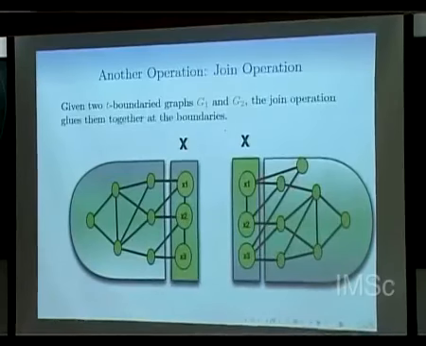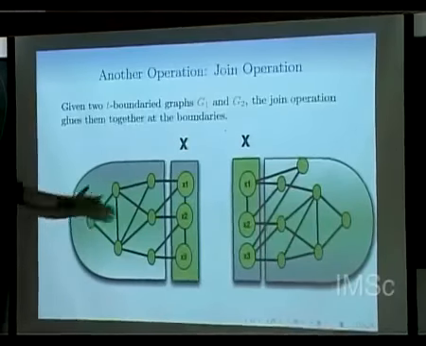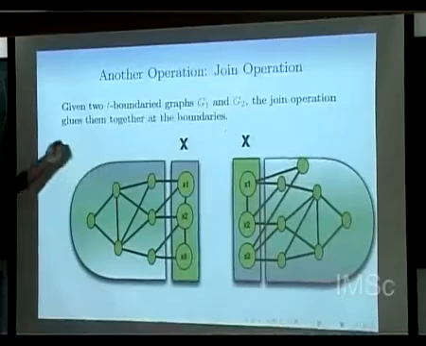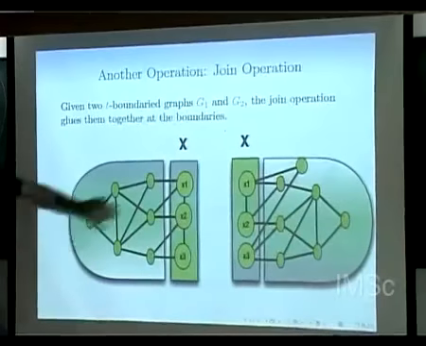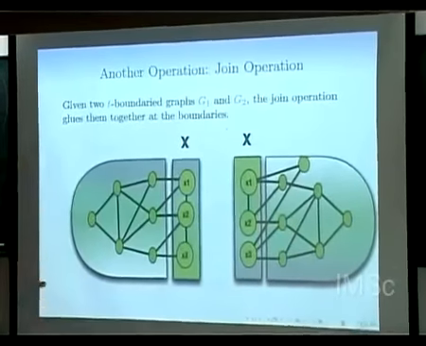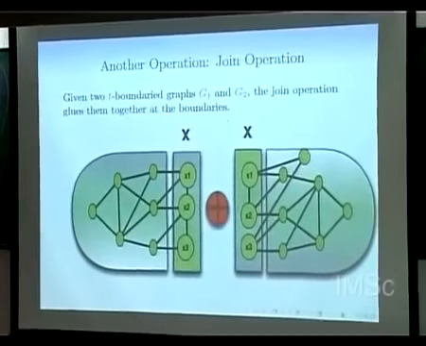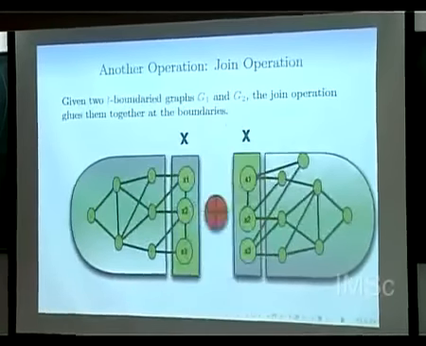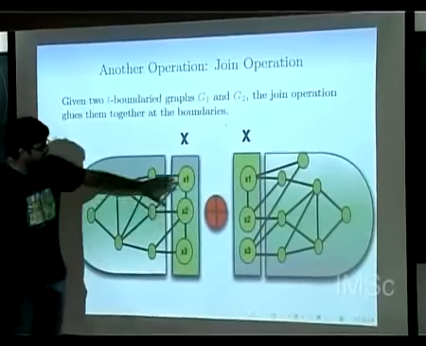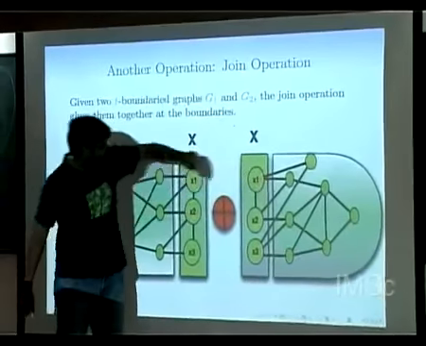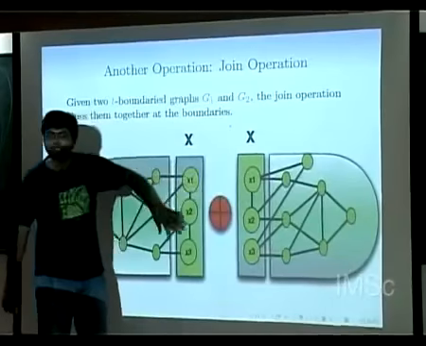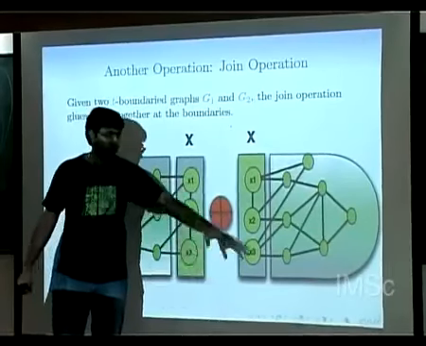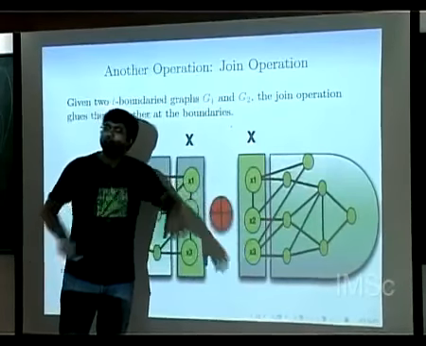suppose we have been given 2 T-bounded graphs G1 and G2. Now we have this boundary. Now what we are going to do? I want to join them. So how does the joining operation happen? If you notice what happened, we put x1 on x1, x2 on x2, x3 on x3, and if some label is missing, it's okay, we just leave that label.